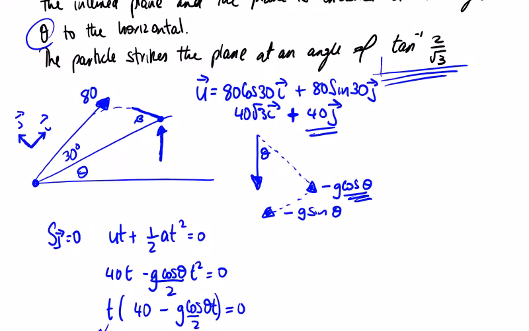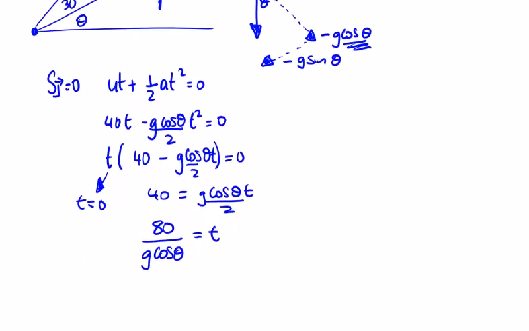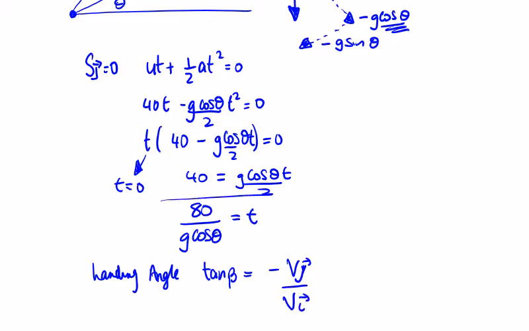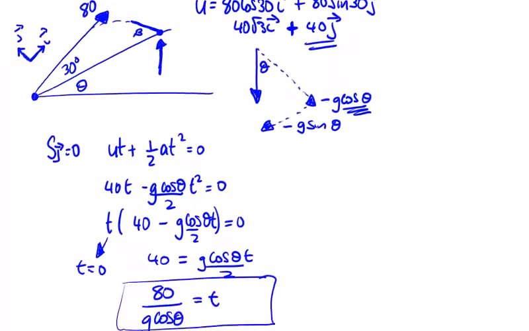We're given the information about the landing angle, and we know that at the landing angle, we've called it beta, tan of beta is equal to minus the velocity of j over the velocity of i. So I get the two velocities at this time. I should be able to fill my answer in here, and it's going to be equal to 2 over root 3.